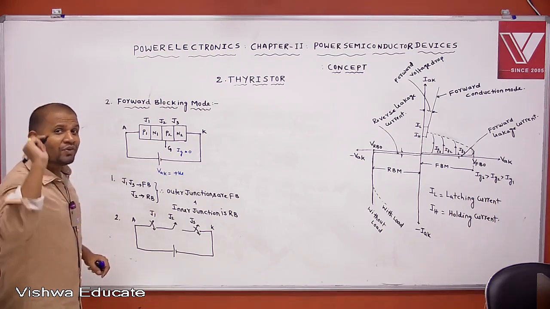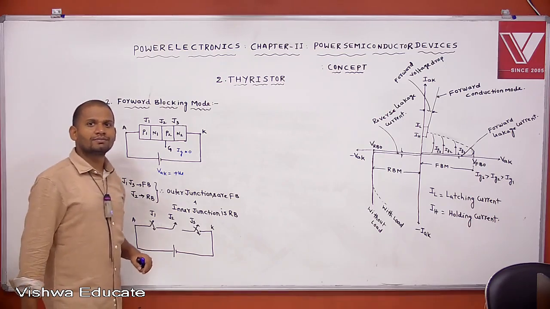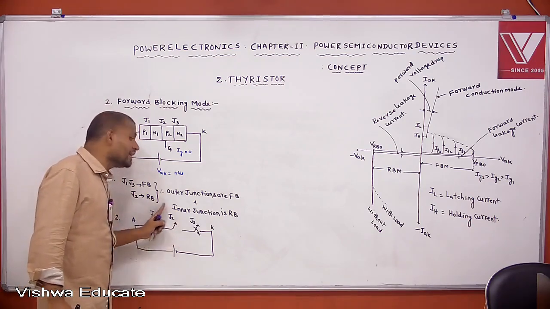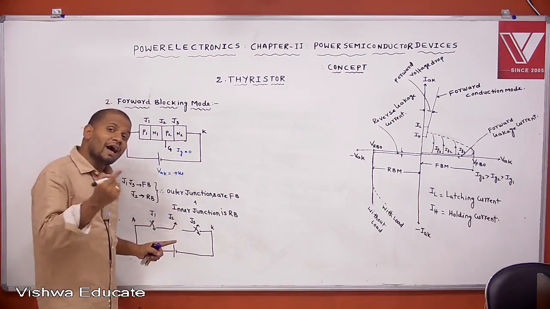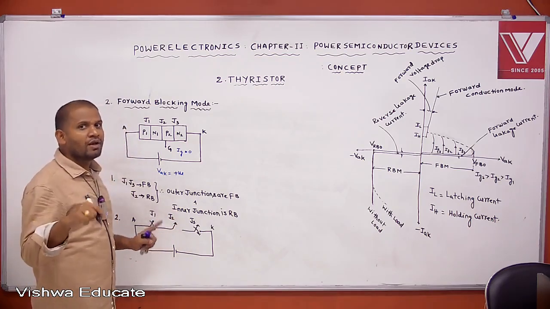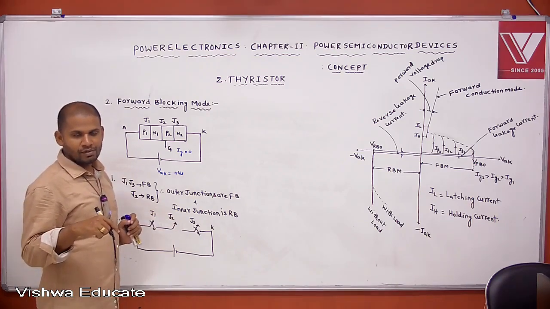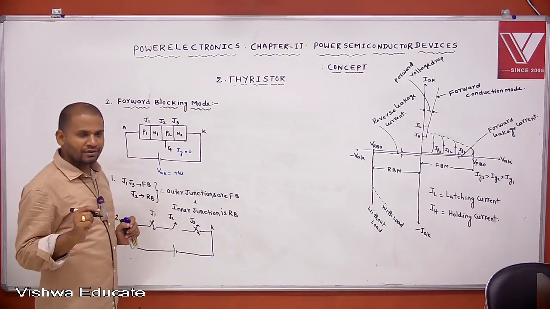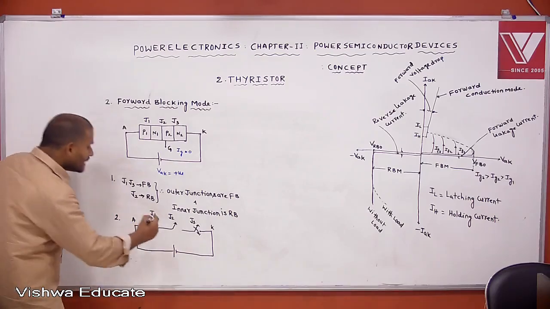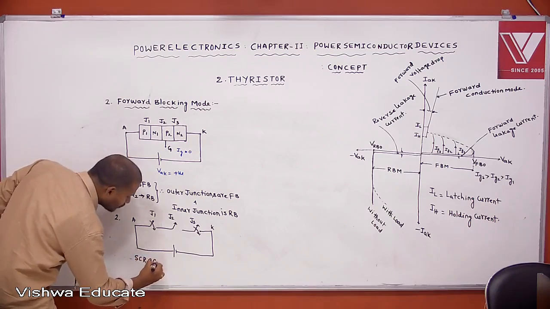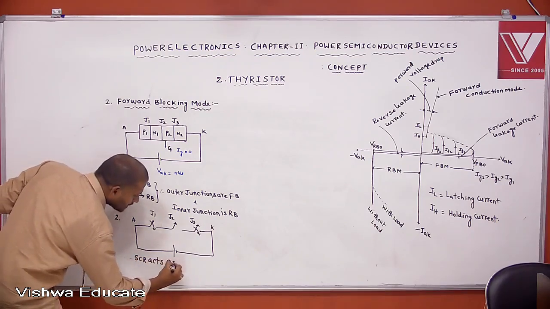And this is the difference between diode and SCR. Concentrate. The SCR blocks the forward voltage, but a diode will not block the forward voltage. That is the main difference. That means SCR acts as an open switch.